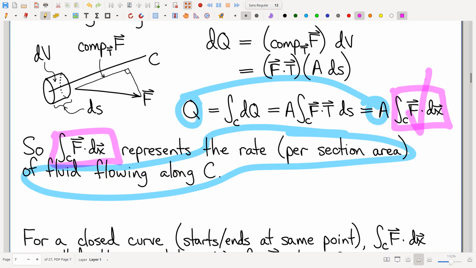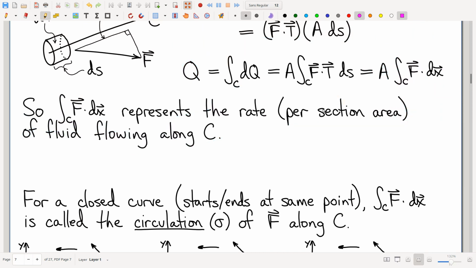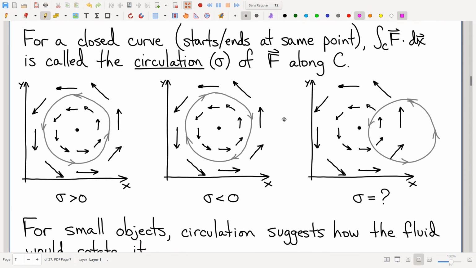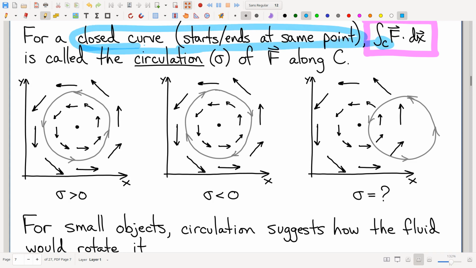Okay. Now there is a related idea. There's a special case that ends up being really important later on. And it's good to introduce this idea now. And that is, okay, if we are interested in a vector line integral, but if our curve is a closed curve.